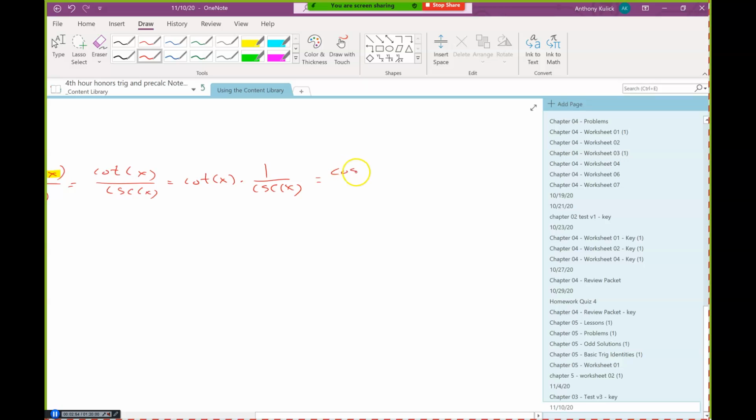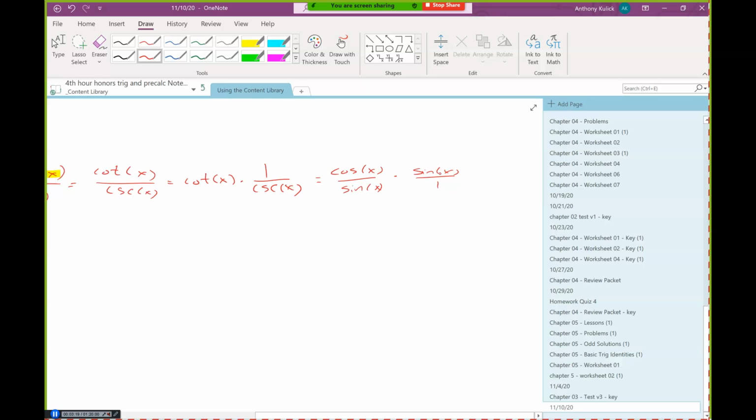So you said cotangent is the same thing as cosine over sine. And in general, if you're not sure what to do, rewriting everything in terms of sine and cosine is usually a good idea. So if you get to a point where it's like, boy, I don't know what to do, and everything's not already sines and cosines, find a way to do that. Now, 1 over cosecant is the same thing as just sine.